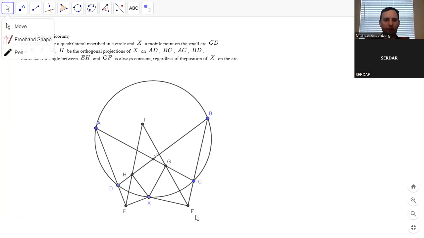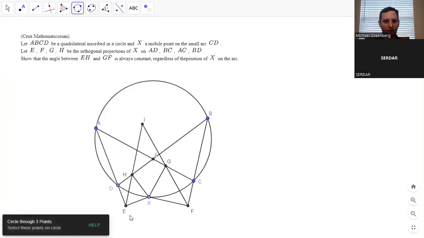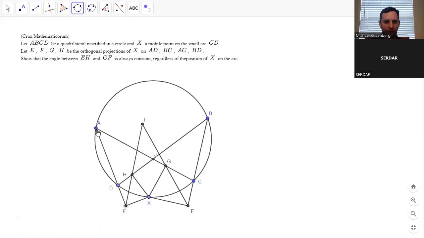Oh, really? This angle is angle DAJ? Can you check it? Yeah, so that would mean this is cyclic basically. Okay, it's just the angle chasing. Okay, I will write it in the chat. So yeah, this one was an easy one, I guess.